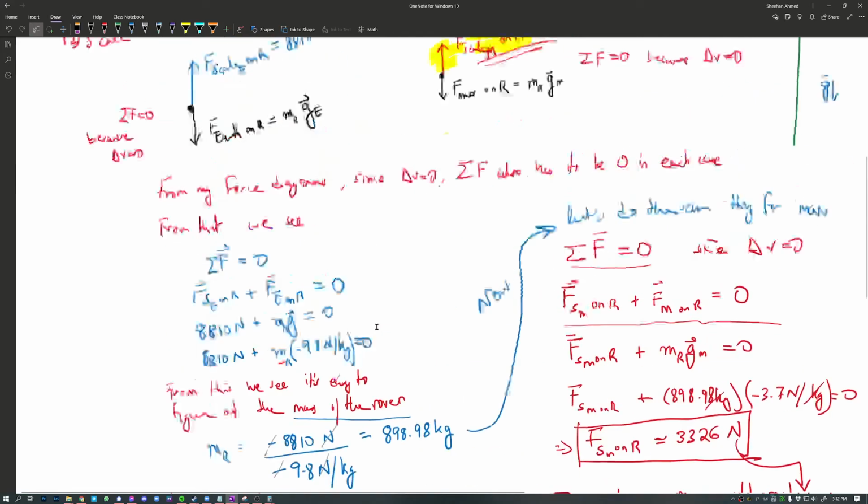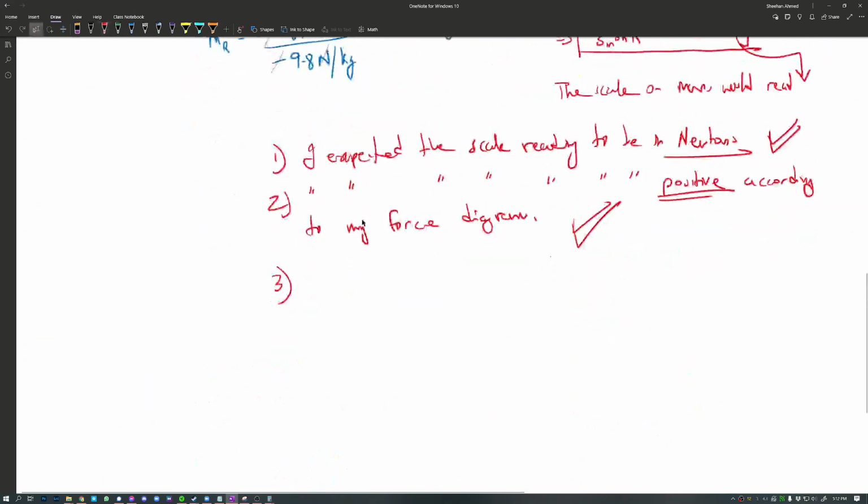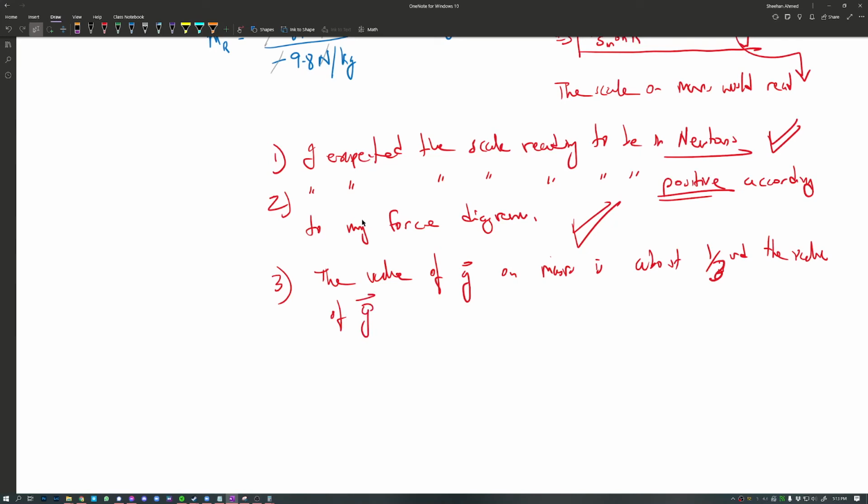Number 3. Well, G, the value of G, how many newtons the planet exerts on you for every kilogram that exists in your body, that value for Mars is about 3-ish, and for Earth is 9-ish, right? So, let's see. The value of G on Mars is about one-third the value of G on Earth.